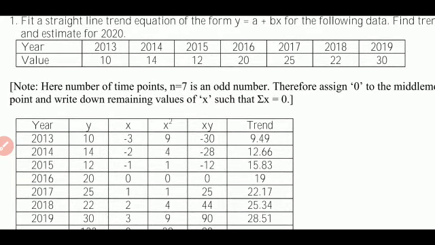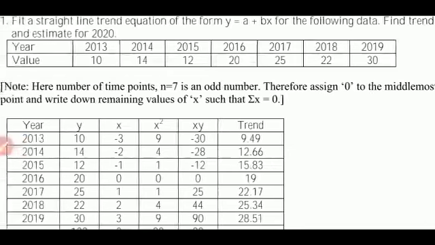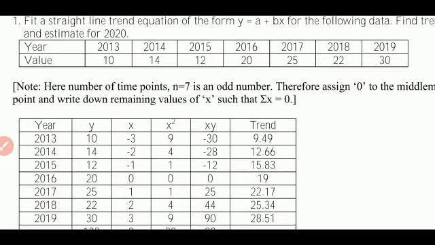Here the number of time points n is equal to 7. It is an odd number. Therefore assign 0 to the middle most time point and write down the remaining values of x such that summation x is equal to 0.